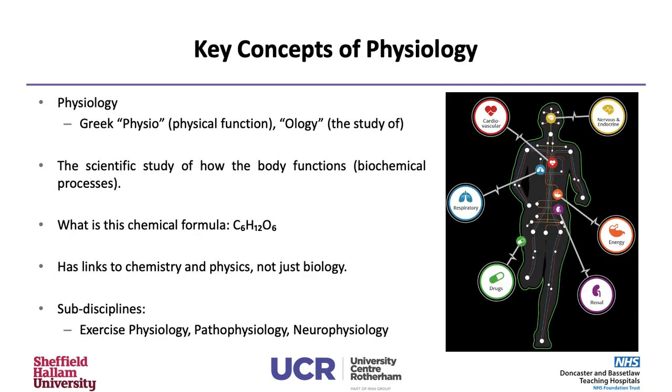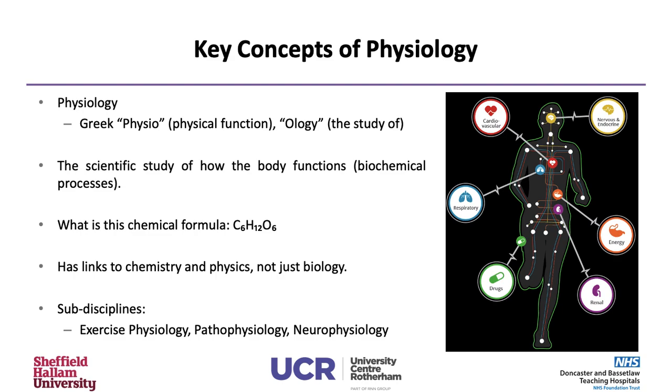The opposite end of anatomy is physiology, and physiology ultimately is the study of physical function and ultimately how the body works, and that includes biochemical processes. So last week we looked at a chemical formula, and that chemical formula actually signifies glucose. In other words, physiology doesn't just look at body functions at a basic level.